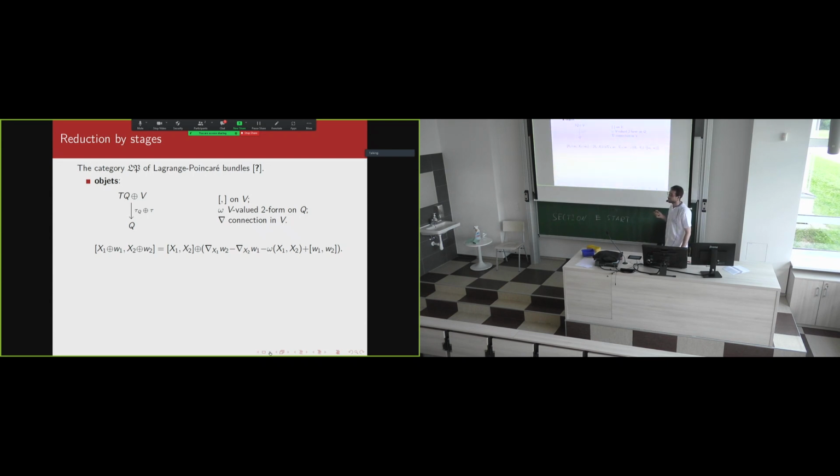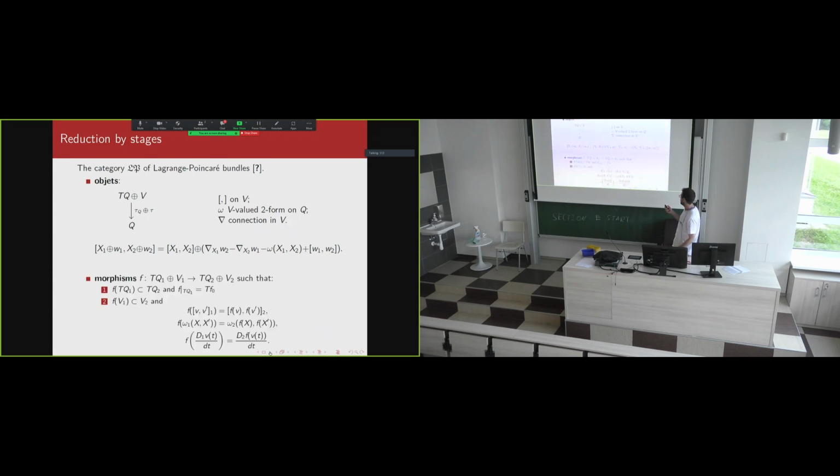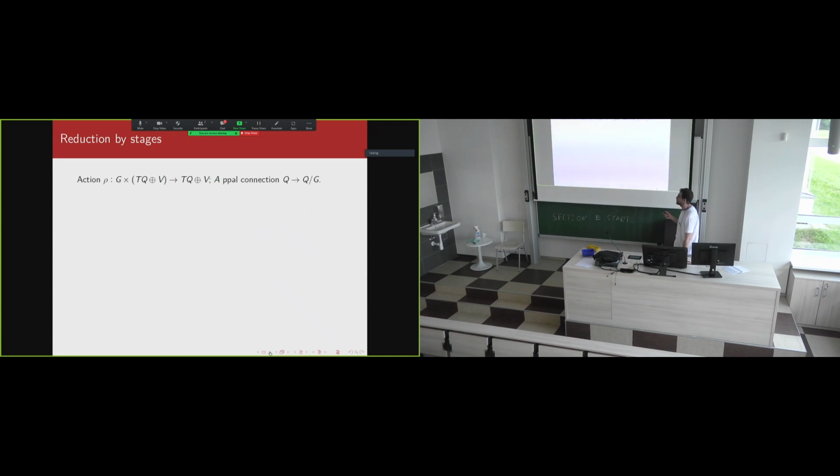Well, okay. So these are the objects, and the morphisms are what we need just to preserve these structures. So I'm not going to go into them. So what they did is they said, well, we have an action of a Lie group over this Lagrange-Poincaré bundle, and if we use a principal connection on this Q, so the group is acting on Q, and then we use a principal connection for this action.